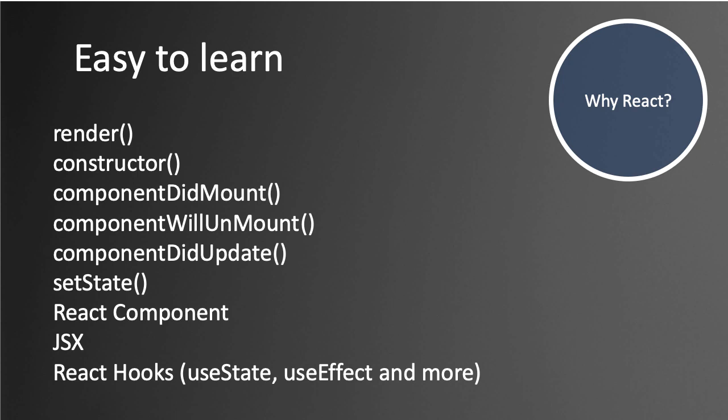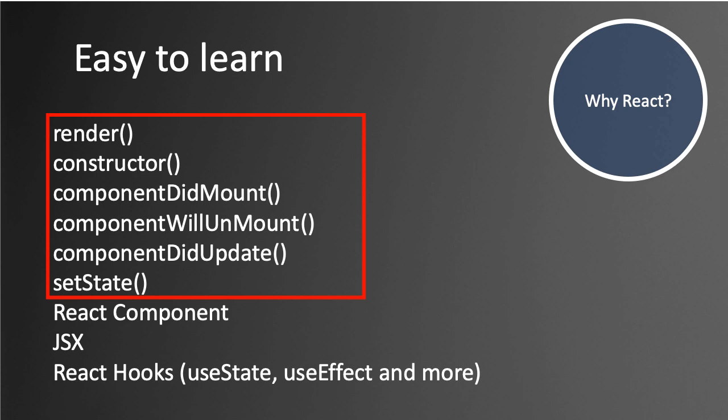Also, React is easy to learn. There's a very small API that we need to learn about in React, and even the ones listed on here, a lot of these are related to a React class component. There's two ways of creating a component in React. One of them is to use a class component, and one of them is simply to use a normal JavaScript function to create our component.